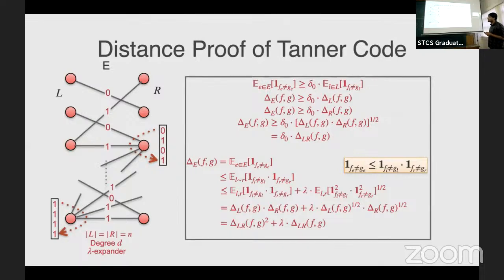And then we can apply the expander mixing lemma because it's a function on left vertices and right vertices. So the first step is the expander mixing lemma. We went from all edges to all pairs L and R.